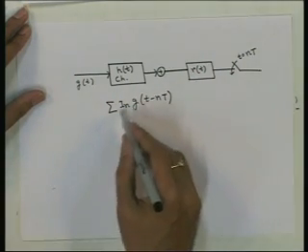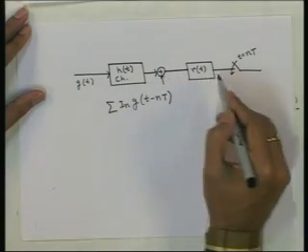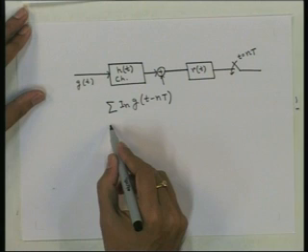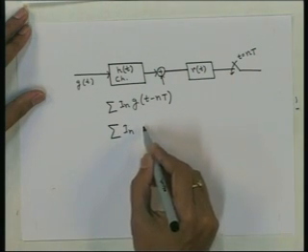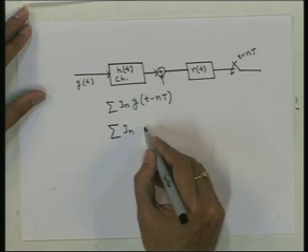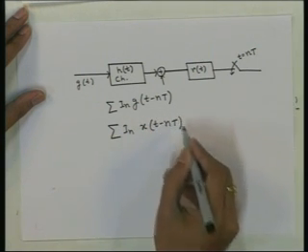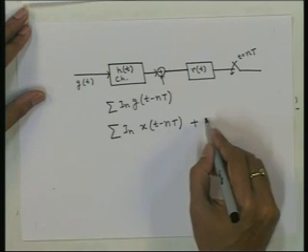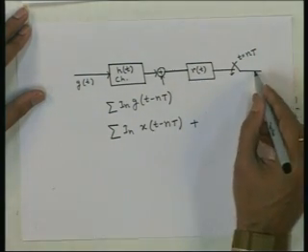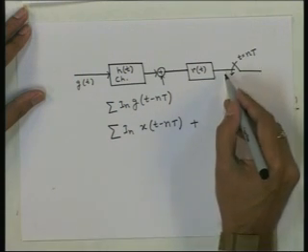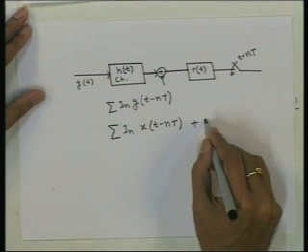But when this signal goes through the channel and then through the receive filter, what we receive is the summation of I_n times x(t minus nT), where x(t) is now this, plus of course, the noise also goes through the receive filter, and at the output of the sampler you have the signal plus some noise.